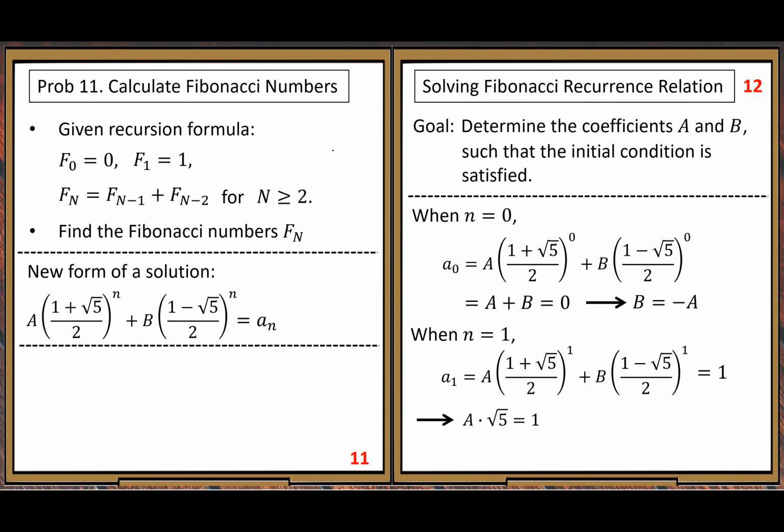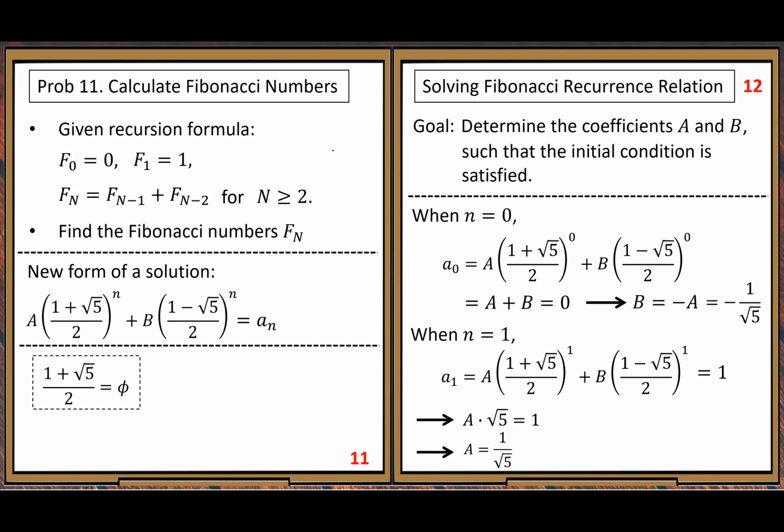A times root 5 equals 1, so A equals 1 over root 5, and B equals negative 1 over root 5. Then replace A by 1 over root 5 and B by negative 1 over root 5.